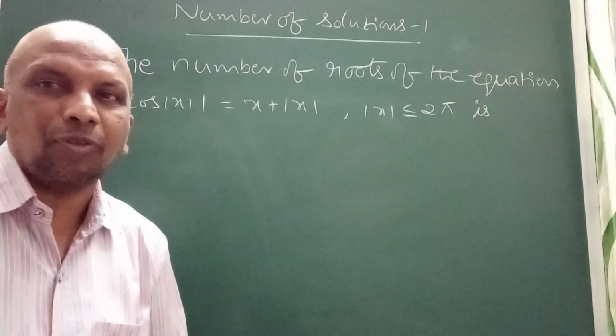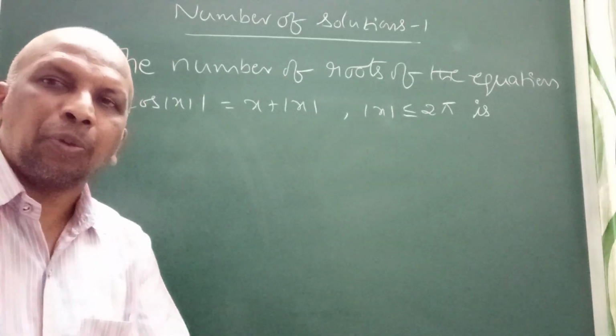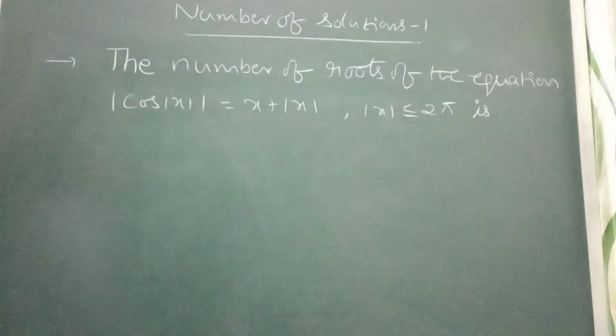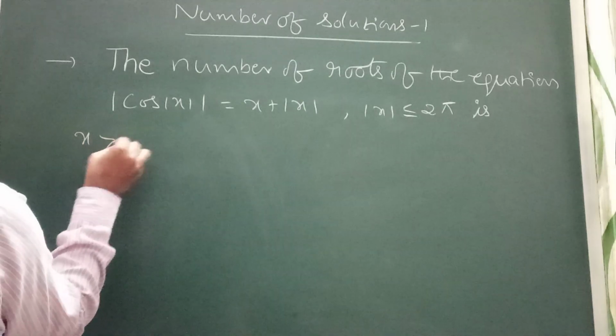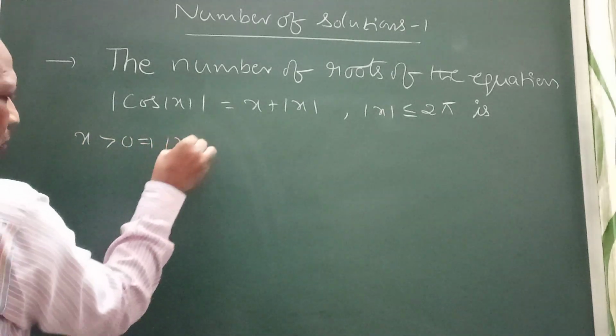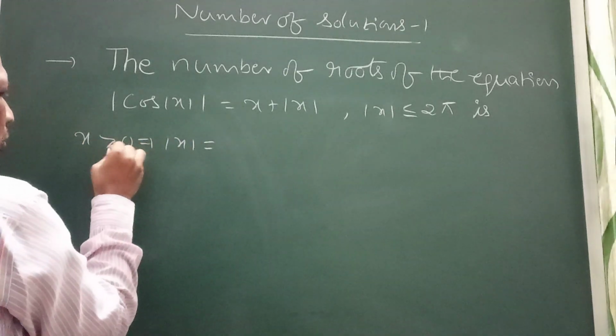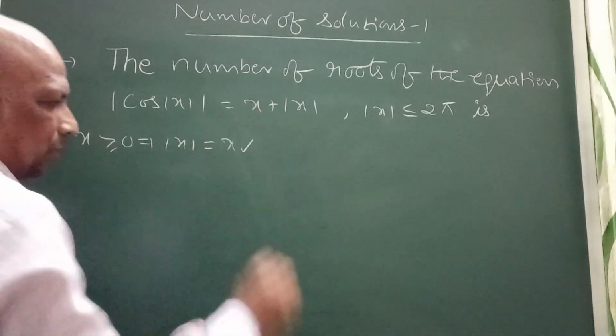We should solve this equation. When you think about solving it, I can write |x| cases. Suppose x > 0, then we get x ≥ 0, and |x| = x.